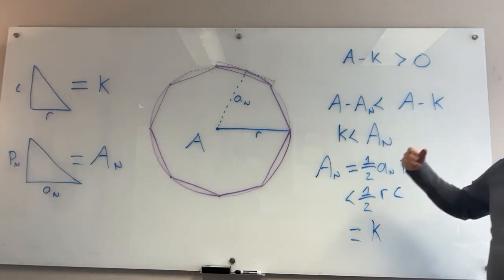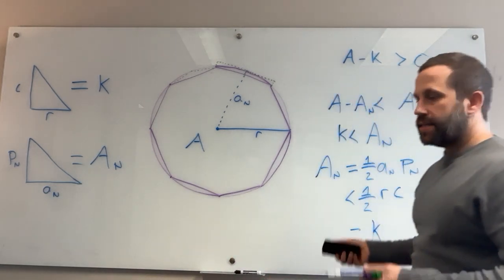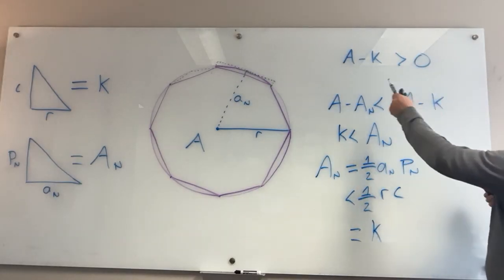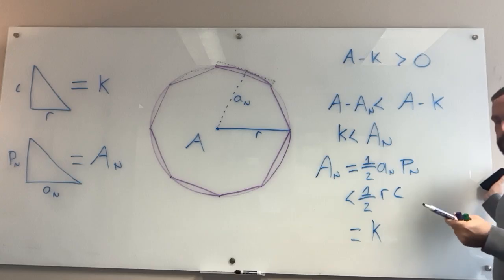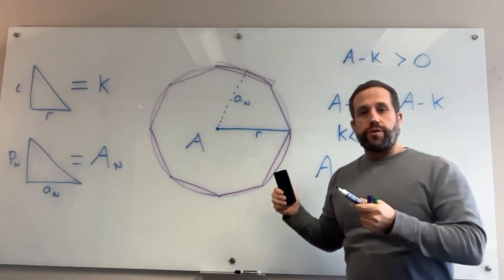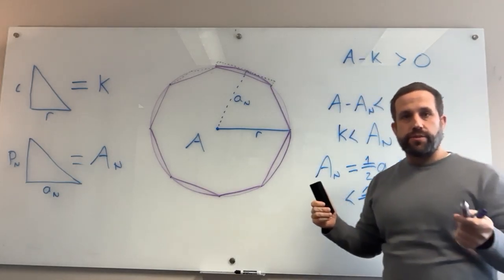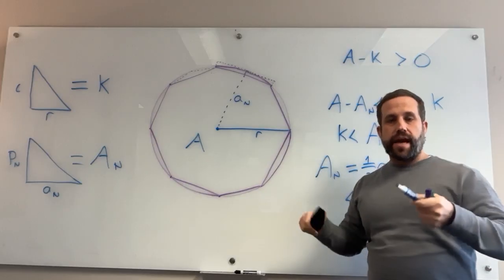Okay, what we've proven is that A cannot be greater than K. In other words, A has to be less than or equal to K. Now we want to assume, and I will let you do this, that A minus K is less than 0.